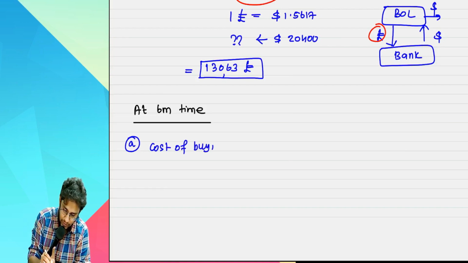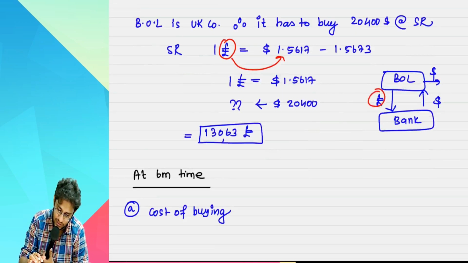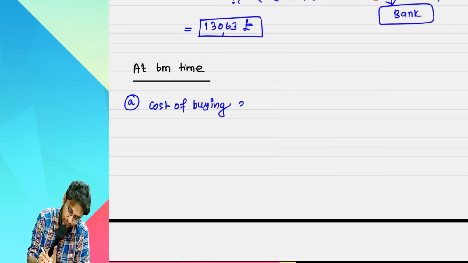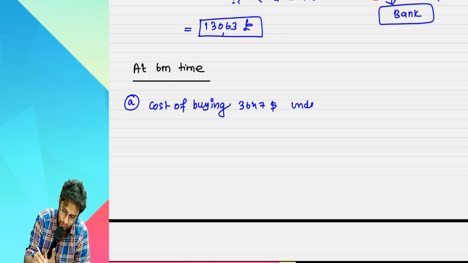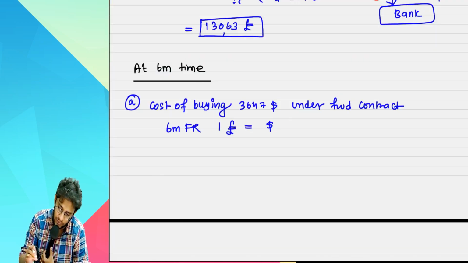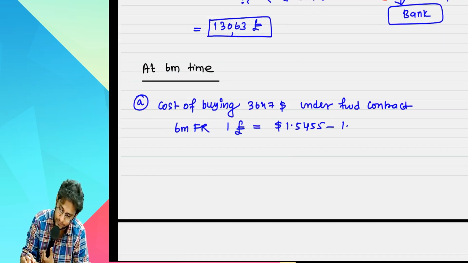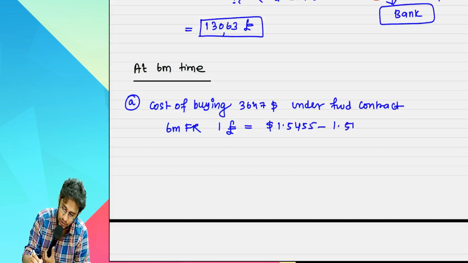First thing, cost of buying. Who is it, unhedged? Sorry, forward hedged fellow. How much is that? $3,647 under forward contract. So 6 months forward rate, 1 pound is equal to dollar 1.5455, 1.5609.